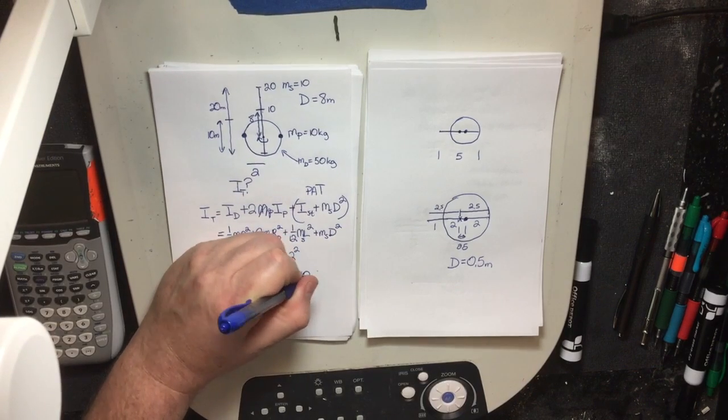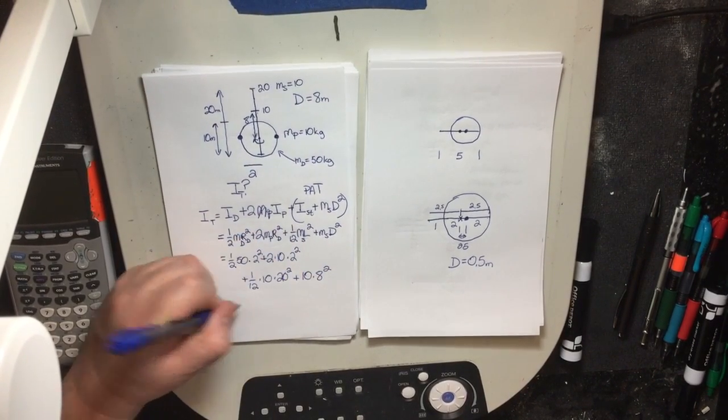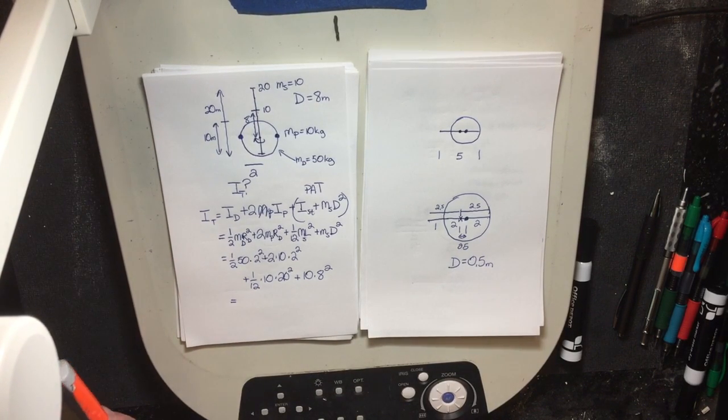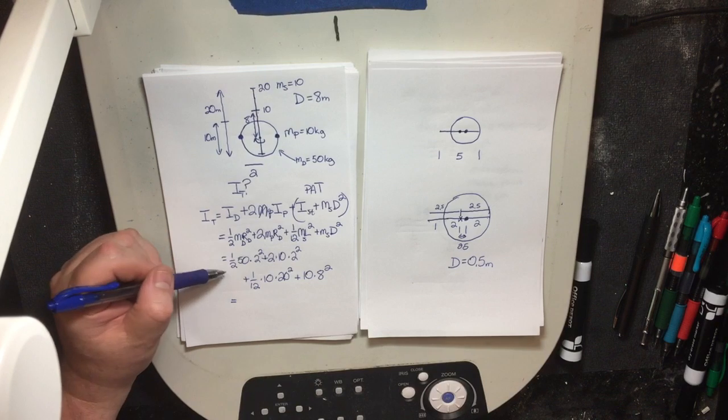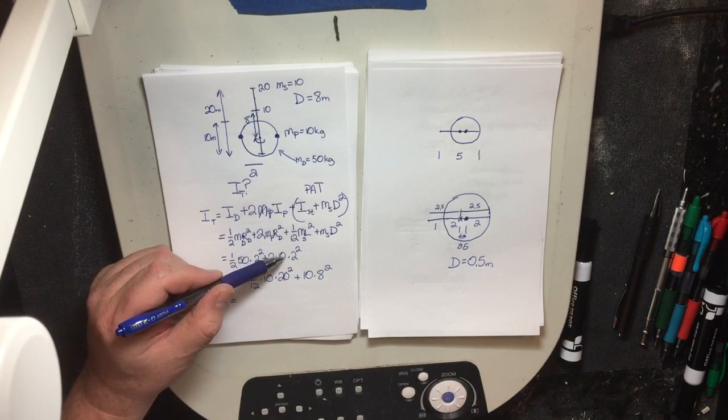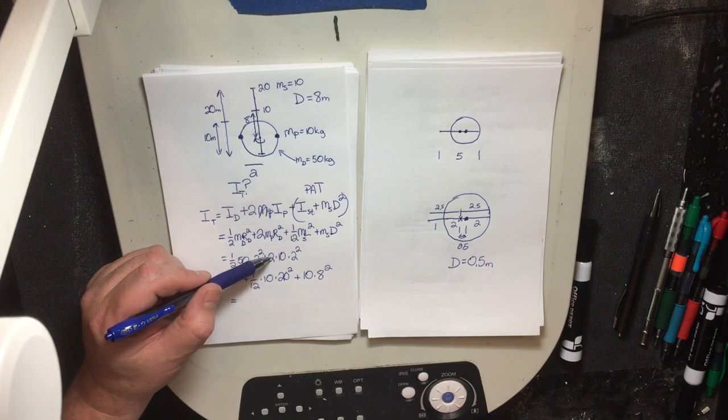D, 8 squared. Four divided by 2 is 2 times 50, 100. 20 times 4 is 40, so 140.